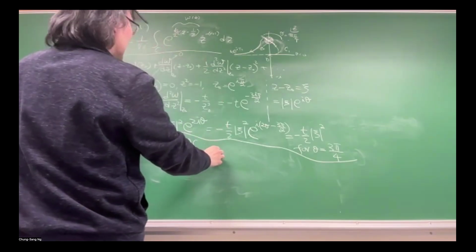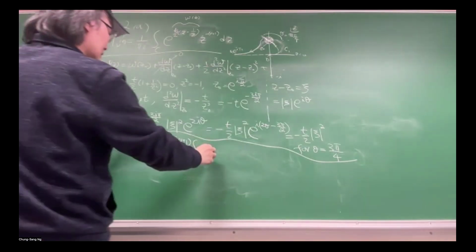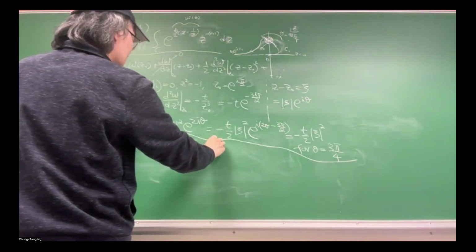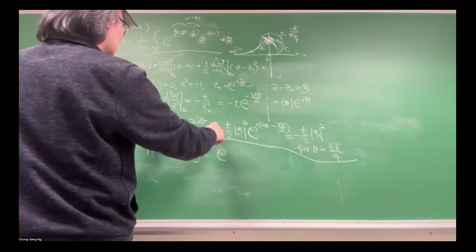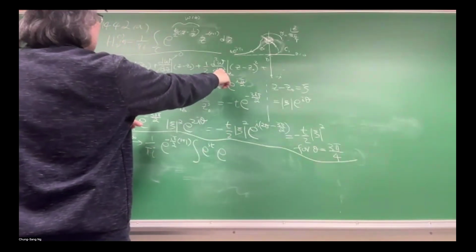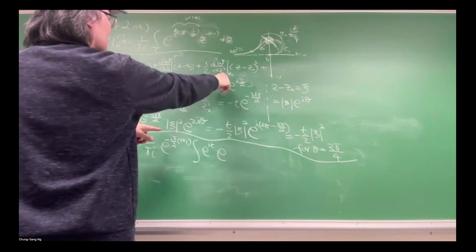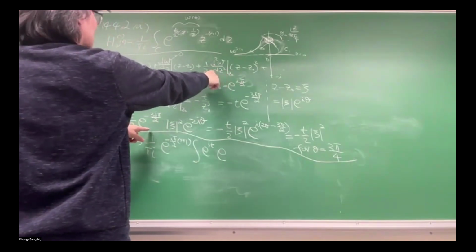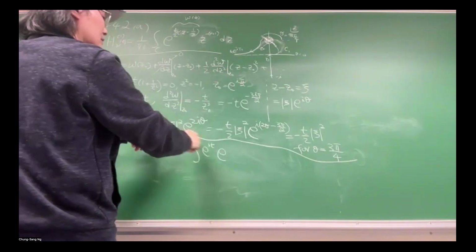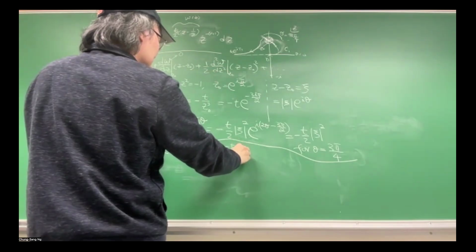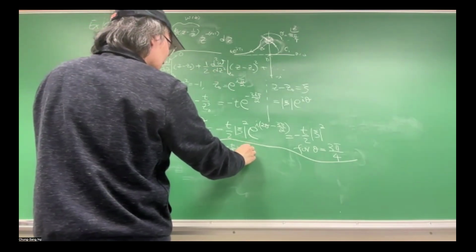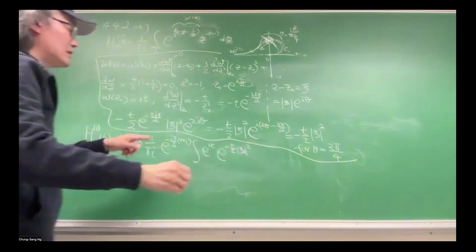This part versus this term, you are e to the it, right? And the second one is e to the this term, which is this term. So minus t over 2 and the c squared.